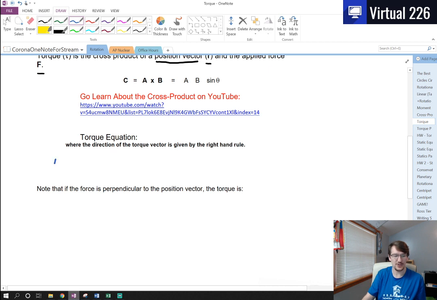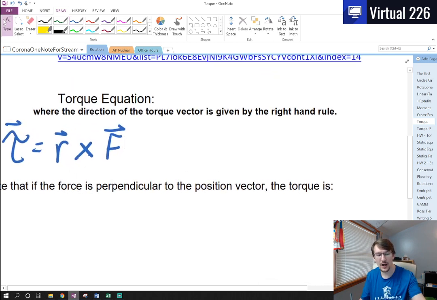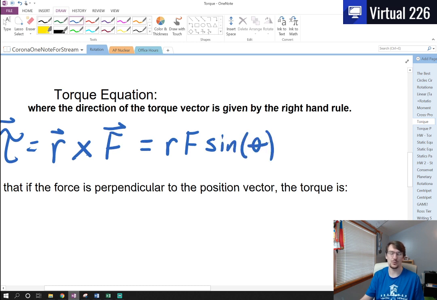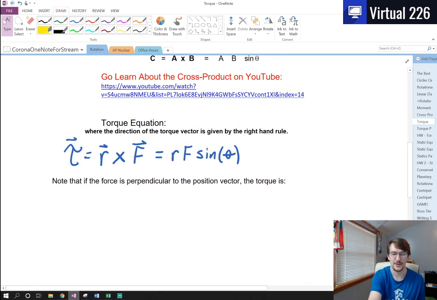The torque equation can be thought of as the radial distance, that moment arm, crossed with the force vector. And since this is crossed with the force vector, it can really be thought of as the magnitude of that moment arm, multiplied by the magnitude of the force, times the sine of theta, the angle between these two vectors.